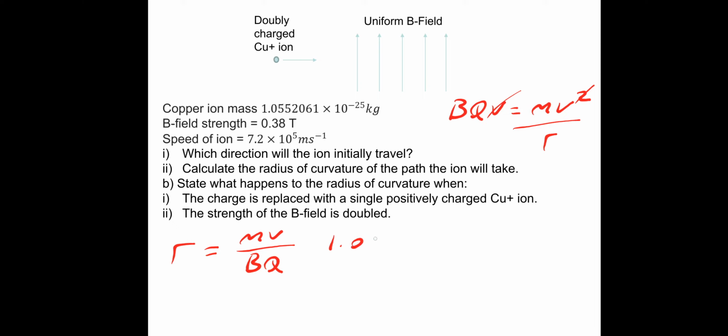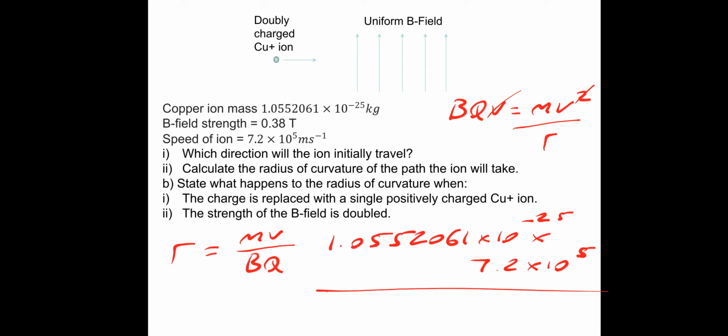So the mass is 1.0552061. If you didn't use the full number, it doesn't really matter. Times 10 to the minus 25. Times the velocity, 7.2 times 10 to the 5. Divided by BQ, so 0.38 multiplied by the charge.